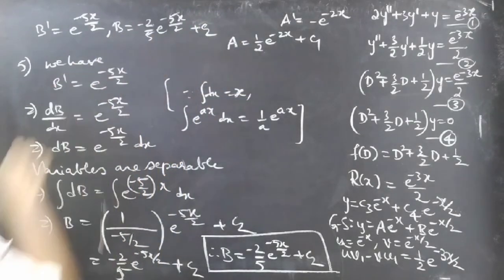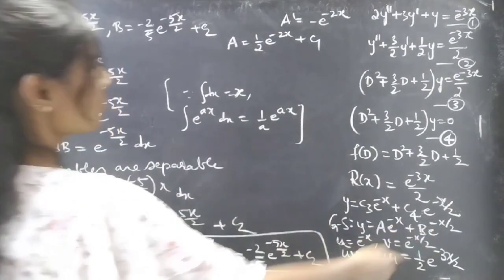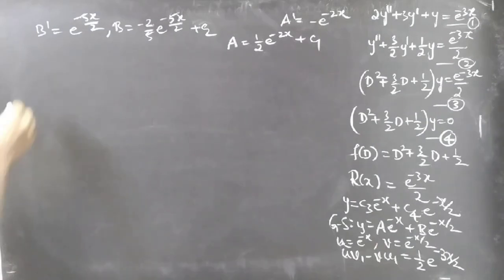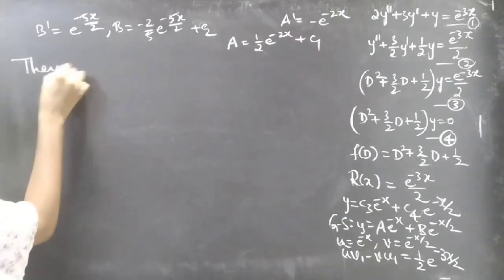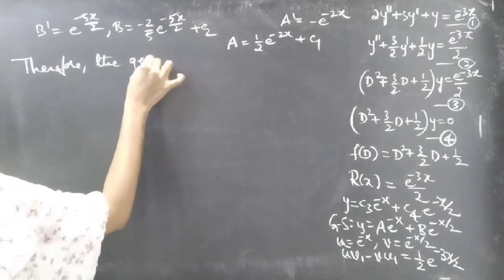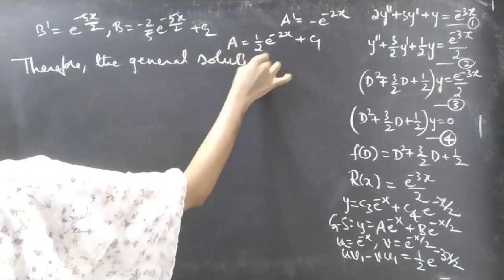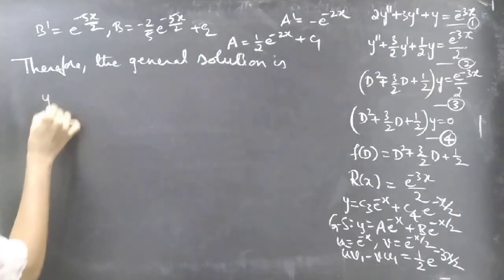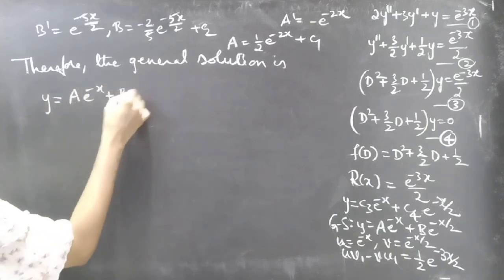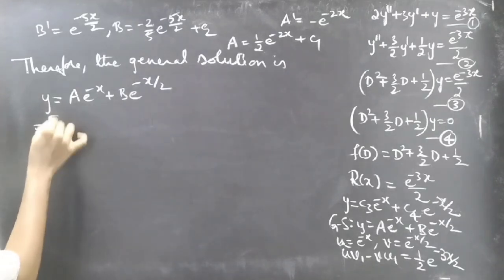So we got a and b. Let's now find the general solution using y equal to a e power minus x plus b e power minus x by 2. Therefore, the general solution is given by y equal to a e power minus x plus b e power minus x by 2. Substitute a and b.